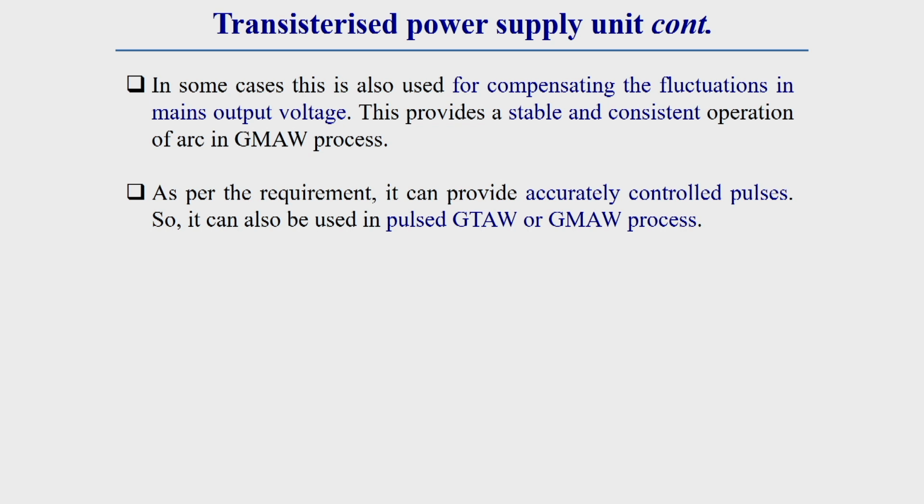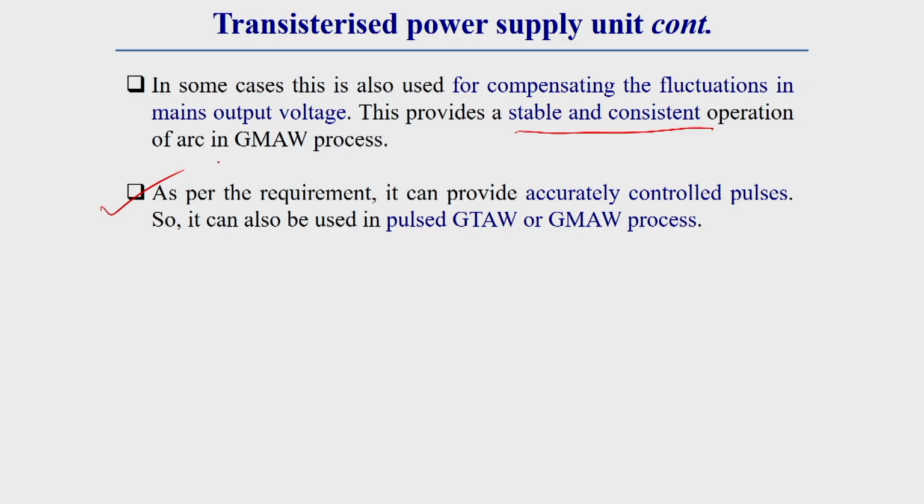That means it can compensate for the fluctuation in main output voltage also. That is why, by this power supply, we can generally get a stable and consistent operation of the arc, especially in the GMAW process.